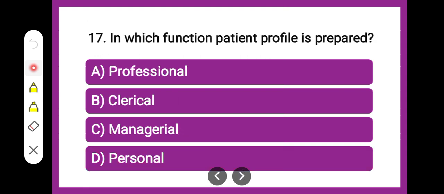Next question is, in which function is the patient profile prepared? Whether professional function, clerical function, managerial function, or personal function, the patient profile is prepared in which of the functions given below?